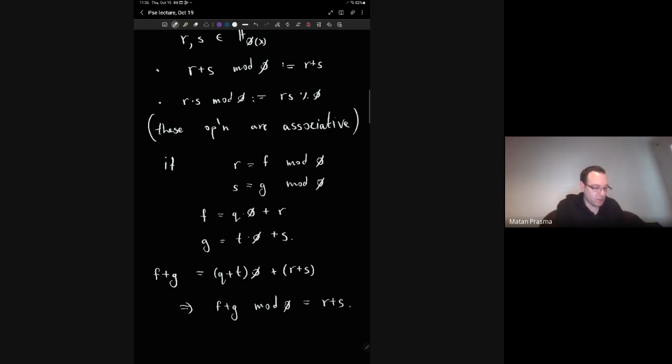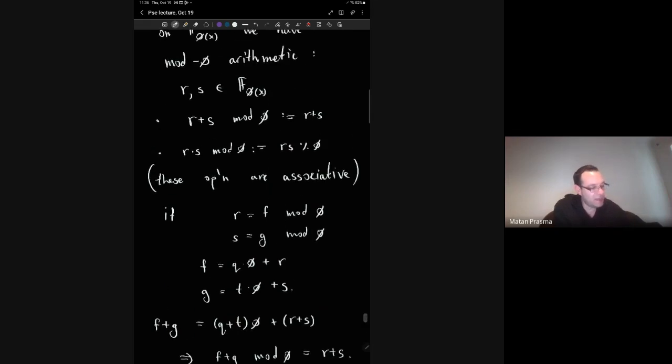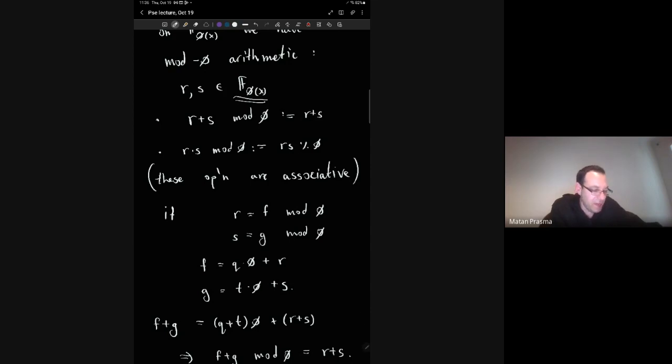So in fact, I could have defined this set f_phi(x) as a set of all polynomials. And again, this analogy, how do you define integers modulo n?